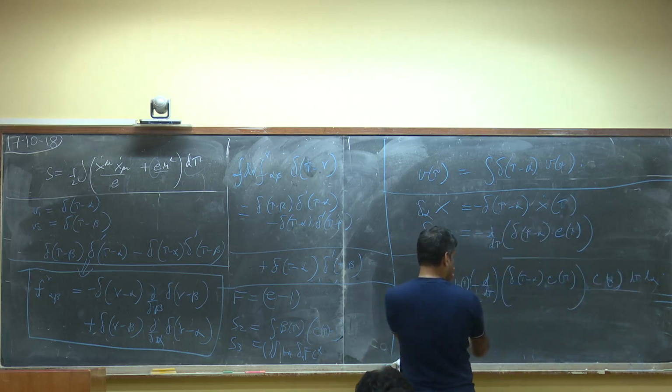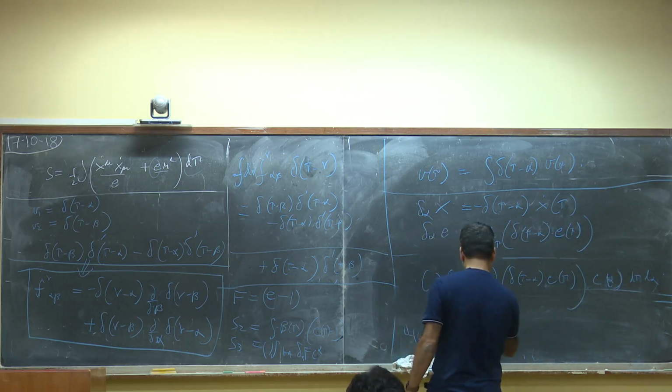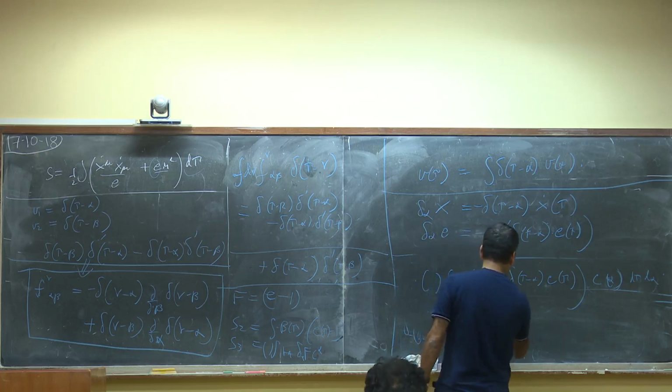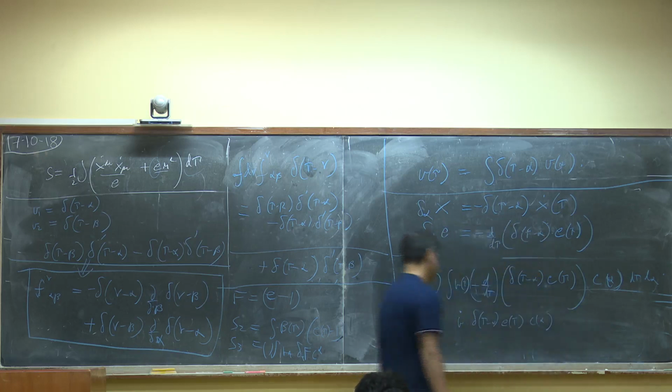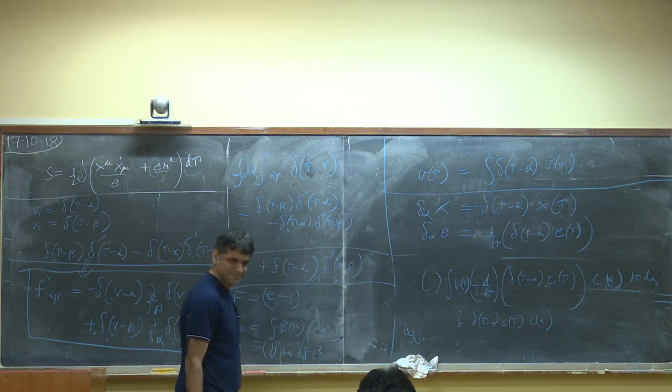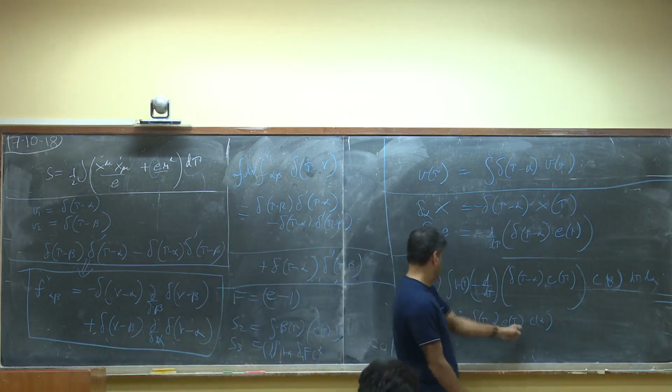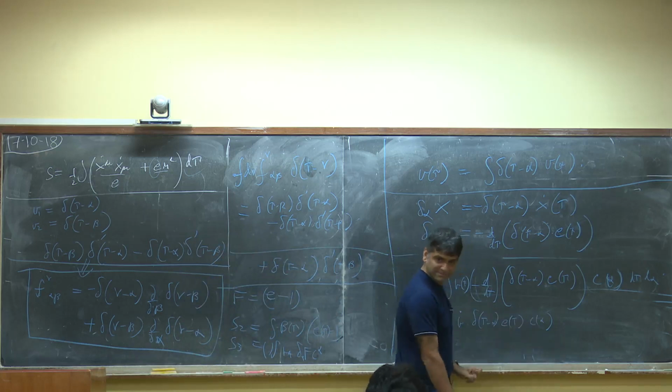If we integrate by parts, we get B dot, delta of tau minus alpha, e of tau, C of alpha. And then we do the integral over alpha.